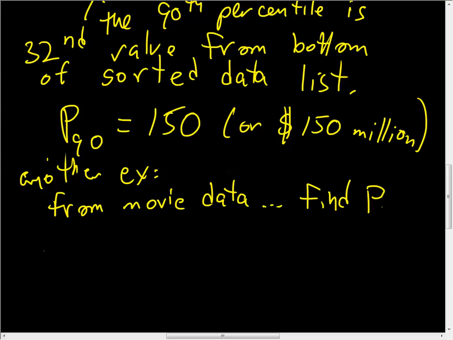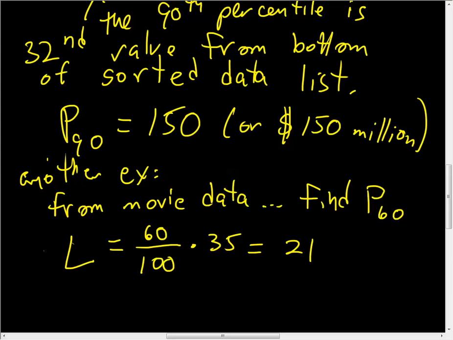Again, you can't get it directly, but the locator function does tell you where to look. So I take my 60th percentile, so my k value is 60, divide by 100, and multiply by the number of data values. If I punch that out on my calculator, I get 21.